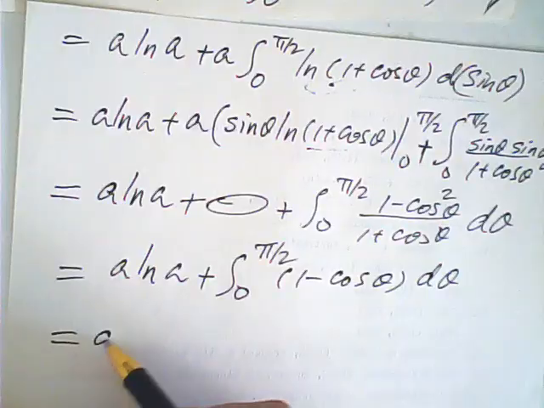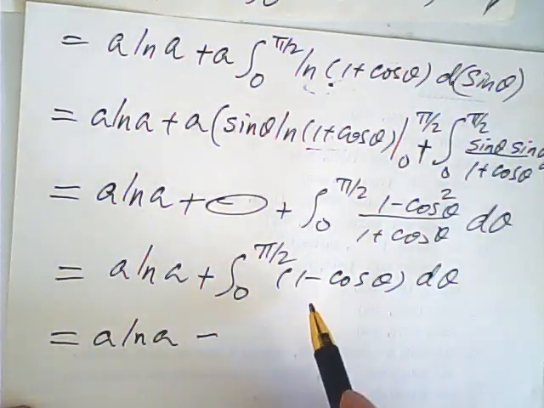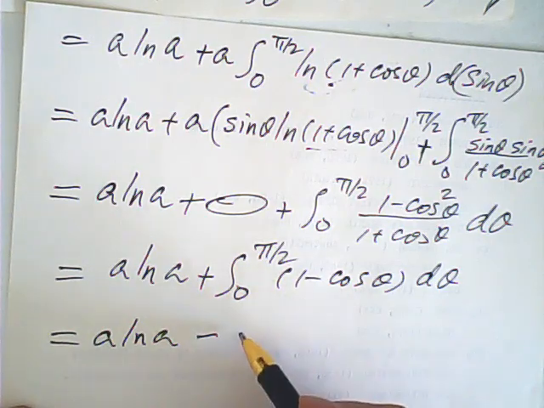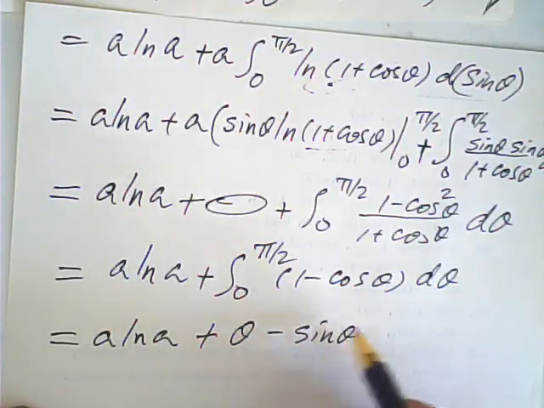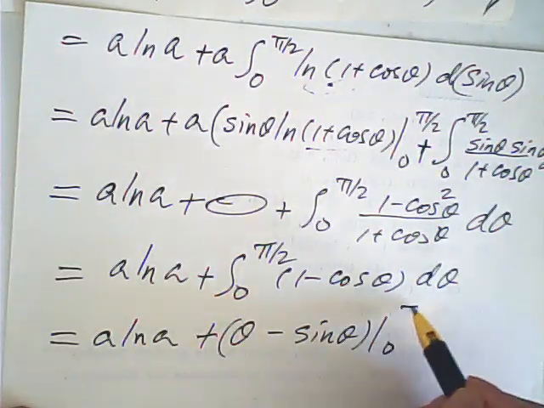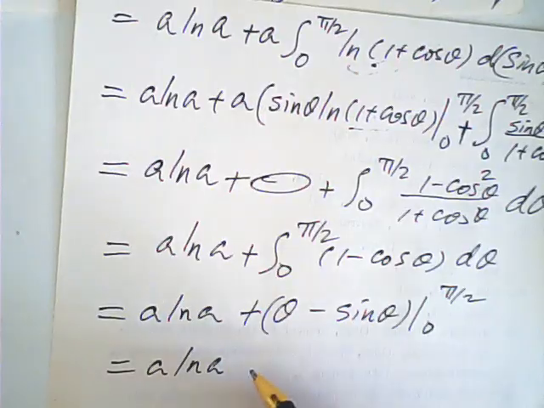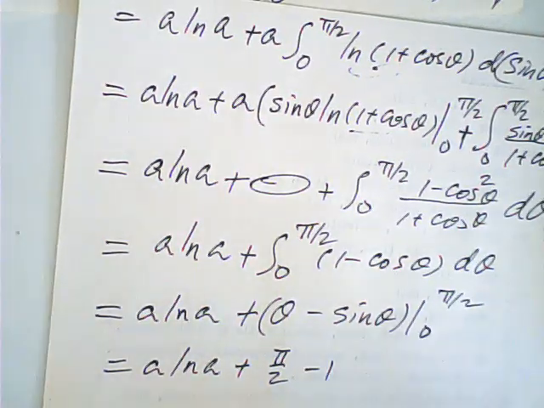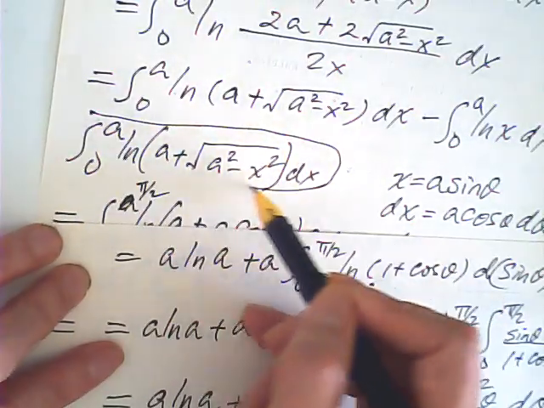Okay, so this is a log a plus theta minus sine theta. So it is a log a plus half pi minus 1. Good. This is my integral of this one.